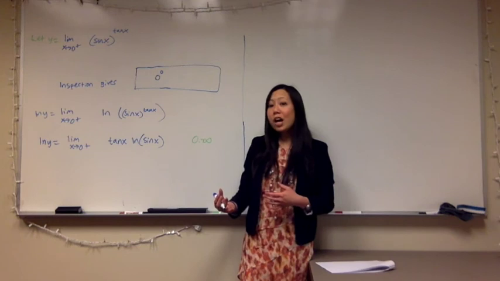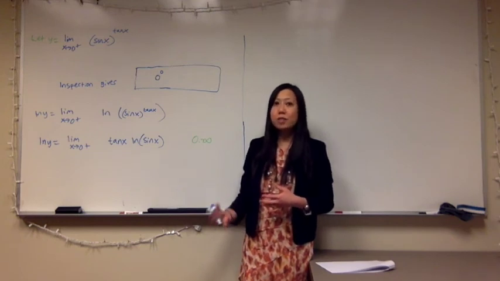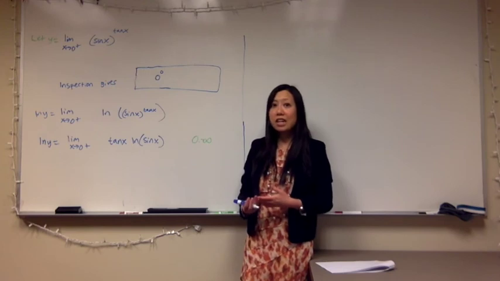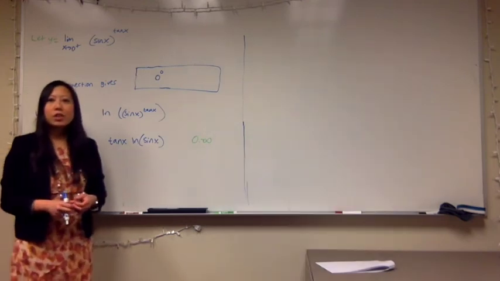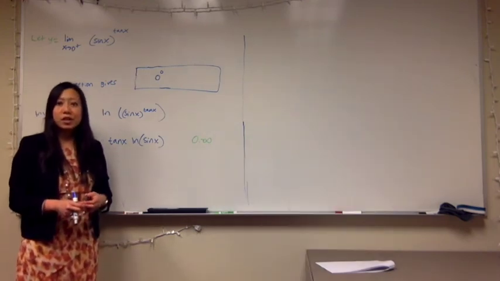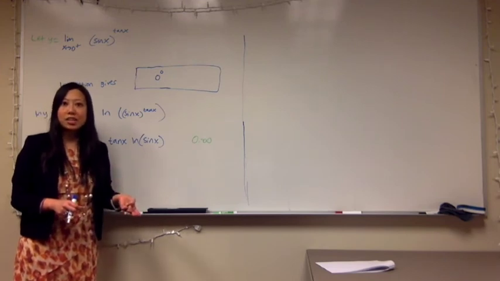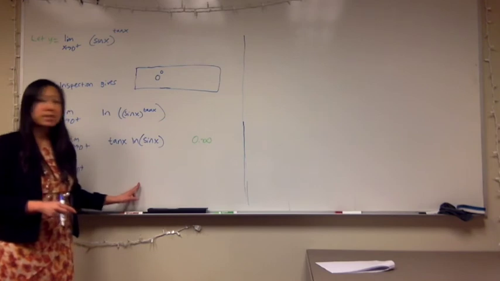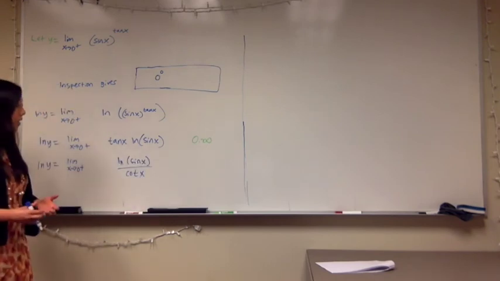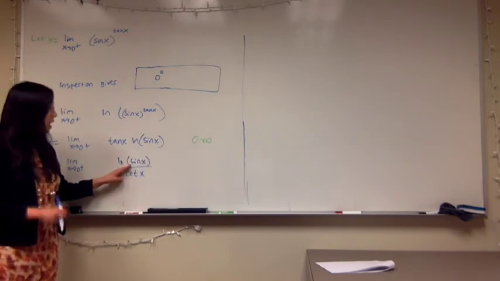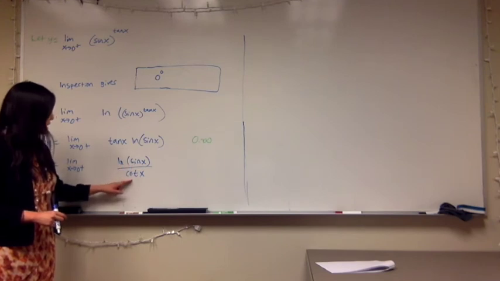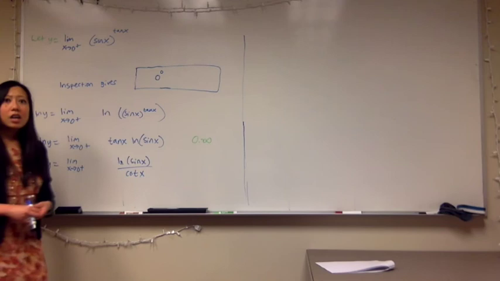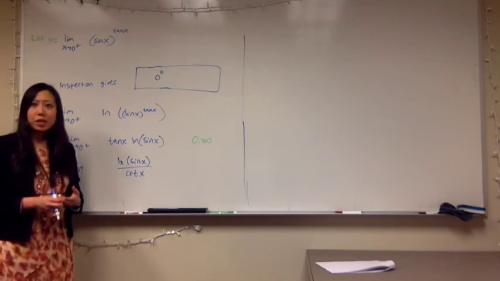Now I want to convert this to a fraction, so I have to bring something to the denominator. It's probably easiest to bring the tangent down. If I bring tangent down, then I have 1 over tangent, or if I flip tangent, I get cotangent. So the denominator is going to be cotangent x. Now when I try inspection, again the top is approaching negative infinity, and the bottom, cotangent of 0, well, I know that tangent of 0 is 0.